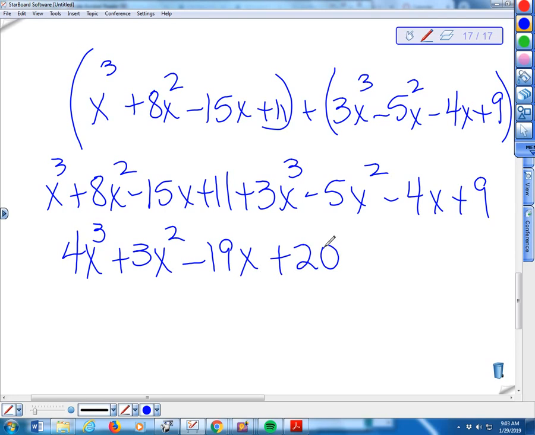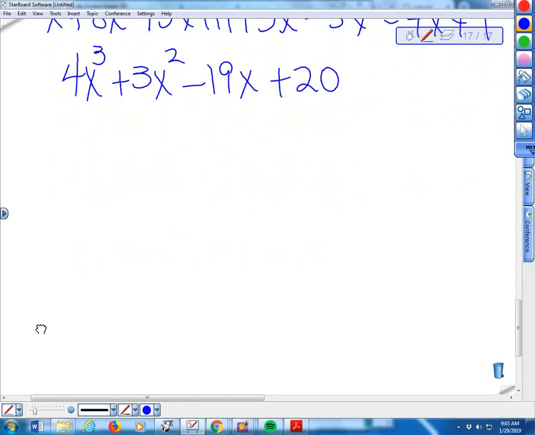Now let's do one with a subtraction. The degree is 3, correct? Yep, the leading term is 4x cubed, and the leading coefficient is 4.